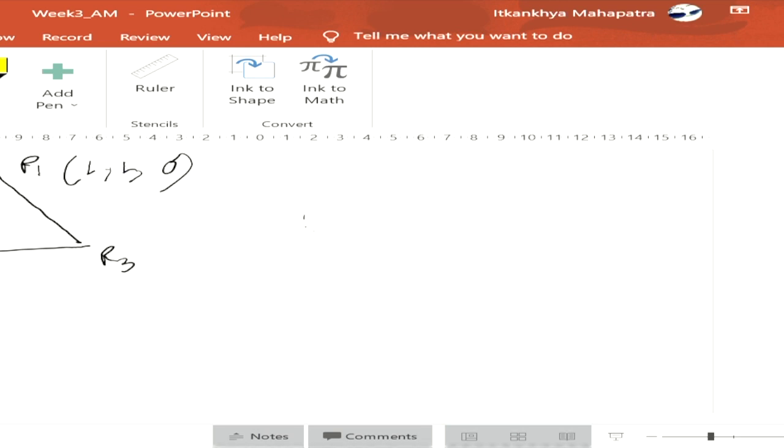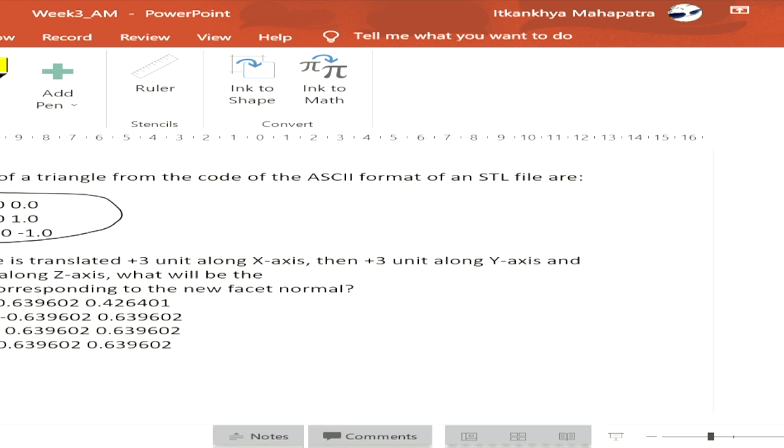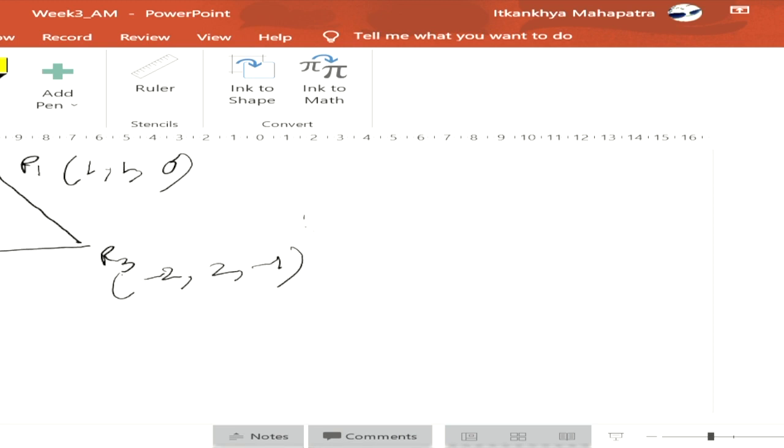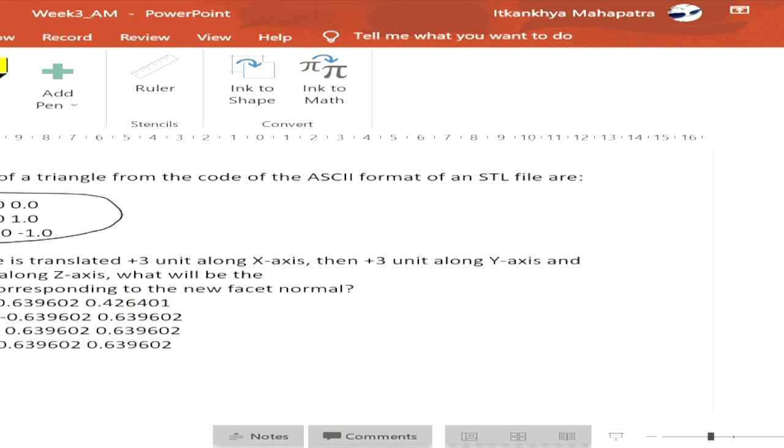This is 1, 2, 1. This is -2, 2, -1. Okay, I'll just show you the question again: 1, 1, 0; 1, 2, 1; -2, 2, -1. Now, it is asked that we are translating along the x-axis 3 units, along the y-axis 3 units, and along the z-axis 3 units. Now, what will be the unit vector corresponding to the new facet normal?